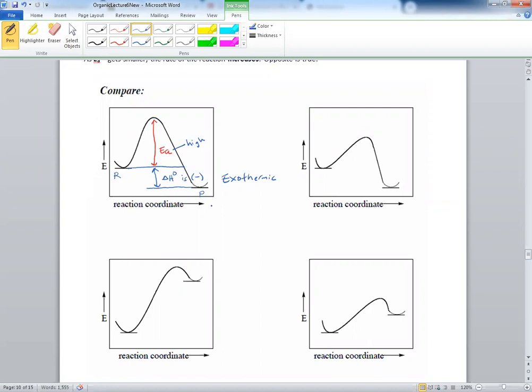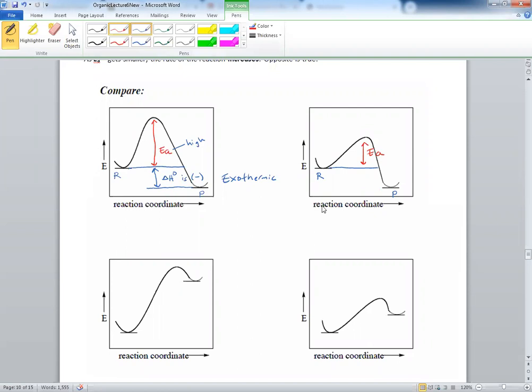Okay, but now we want to actually compare this to that. So let's look at now the other one. Once again, here are your reactants. Here are your products. The difference between these two is EA.